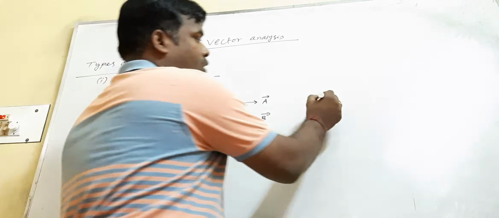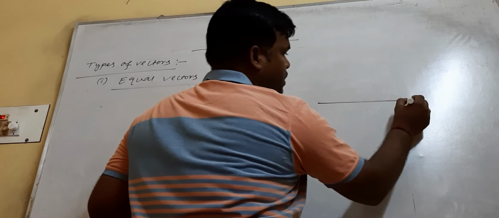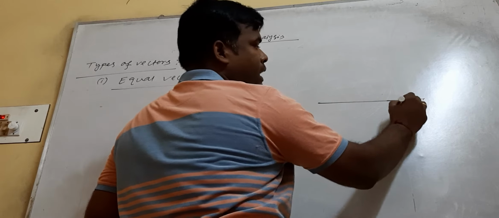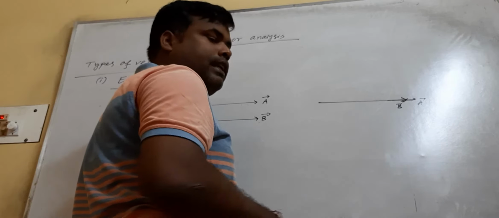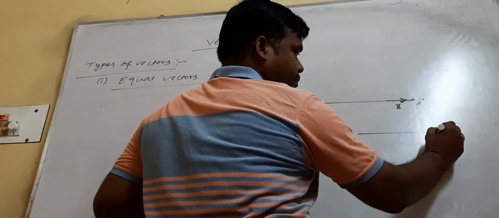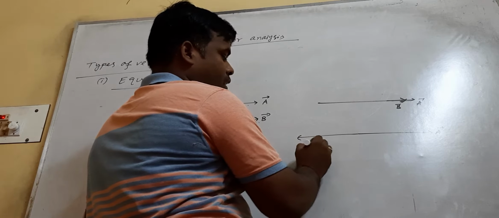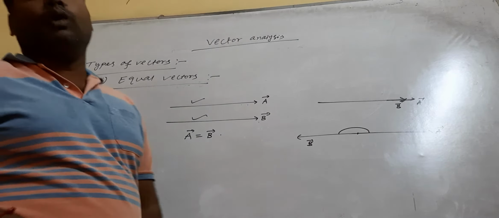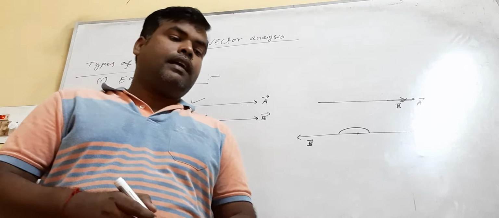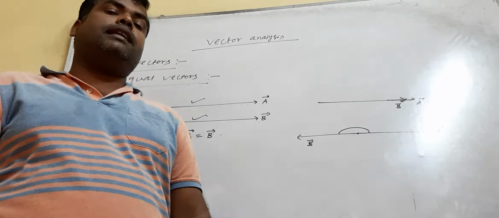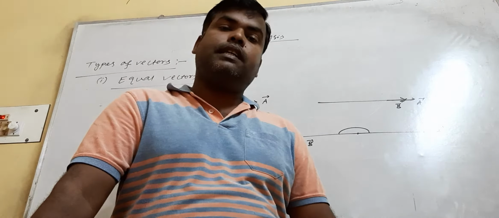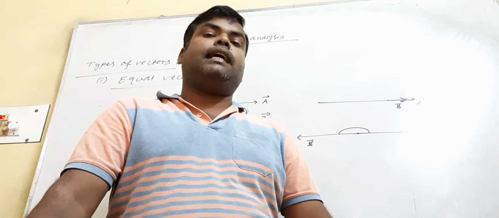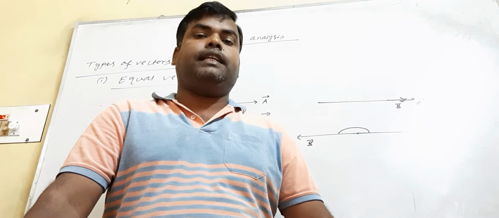Suppose it is A vector and B vector; you know the geometry, what is the angle between them? That is 0 degree. If it is A vector and B vector in opposite directions, what is the angle between them? That is 180 degree. So same direction means the angle between them is 0 degree, and opposite directions means the angle between the two vectors is 180 degree.